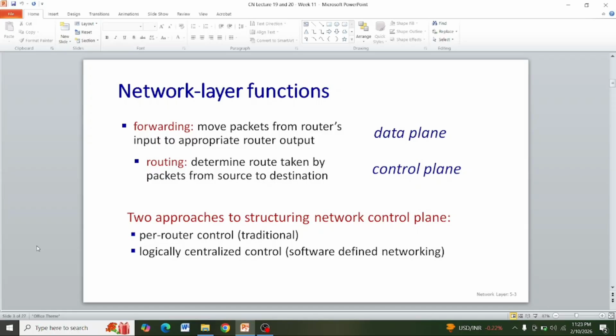In the context of routing, there are two approaches that are being used in the network control plane. First one is the per router control plane, that is the traditional approach, and second one is the logically centralized control. In other words, it is also known as software-defined networking.